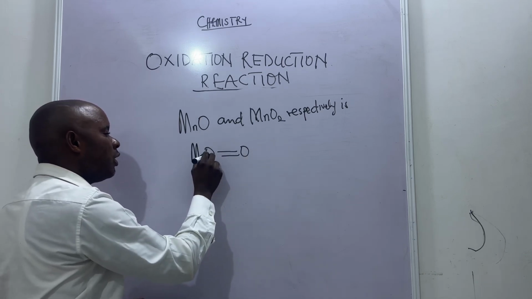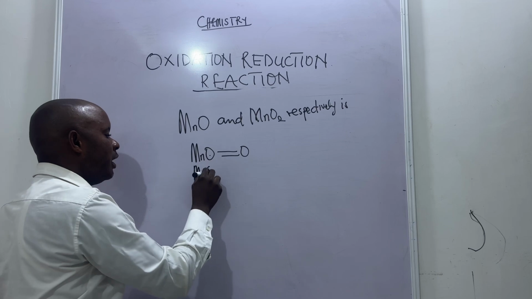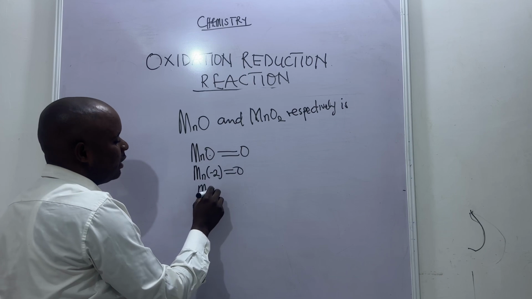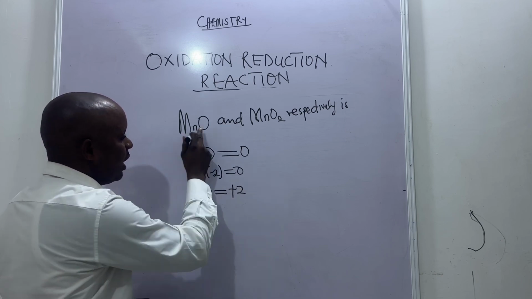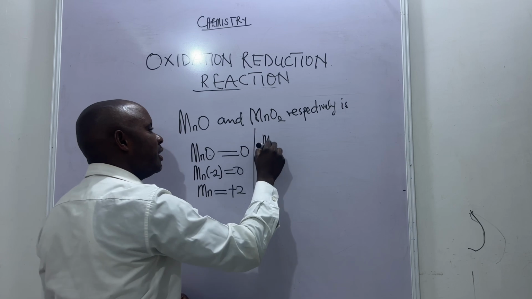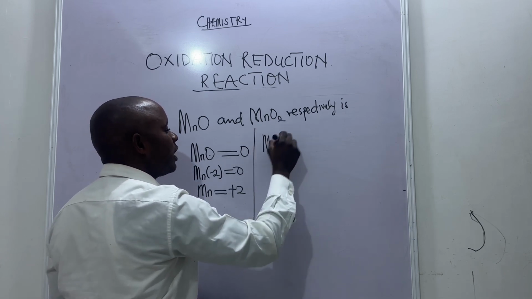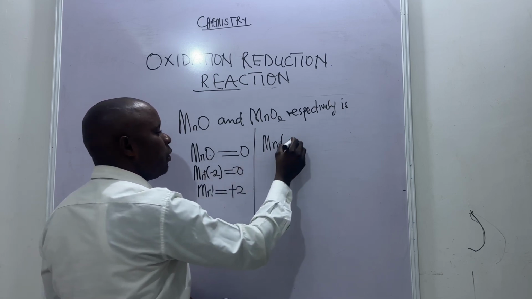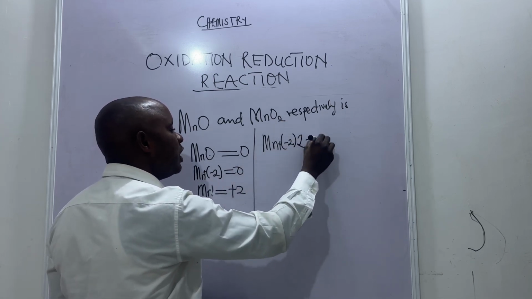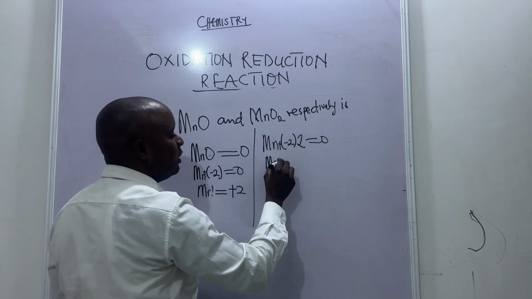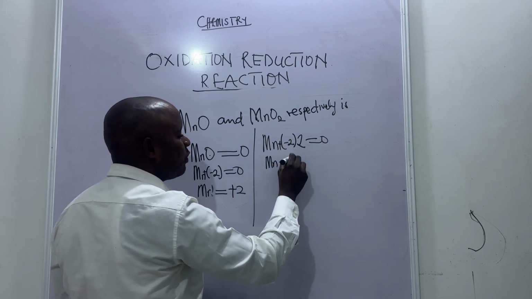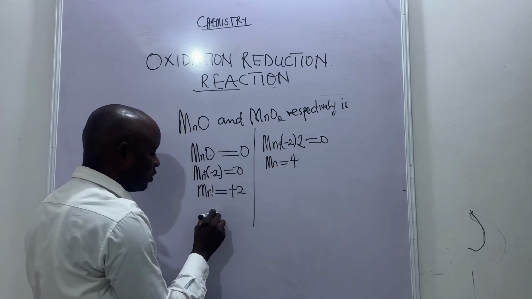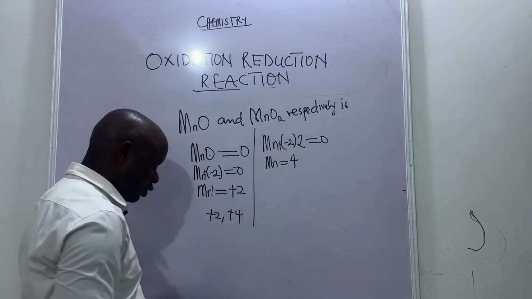The oxidation state of oxygen here is negative 2, equated to 0, so manganese is plus 2. Here, oxygen occurs 2 times, so negative 2 times 2 is negative 4, equated to 0. So the oxidation state of manganese in the first is plus 2, and here it is plus 4.